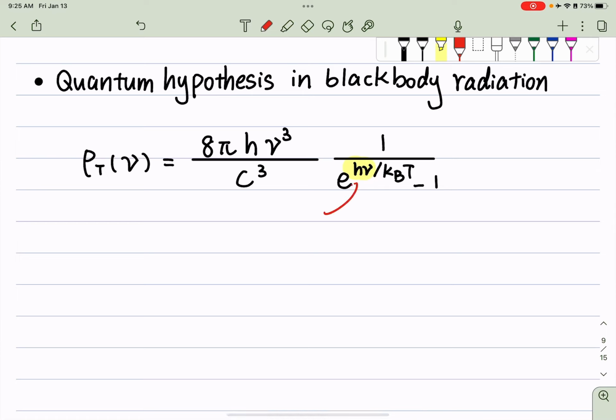Let's look at some of the things here. Firstly, we have our h mu. Remember, in our quantum picture, h mu is the smallest step your oscillator can gain or lose energy. Let me write it out again.